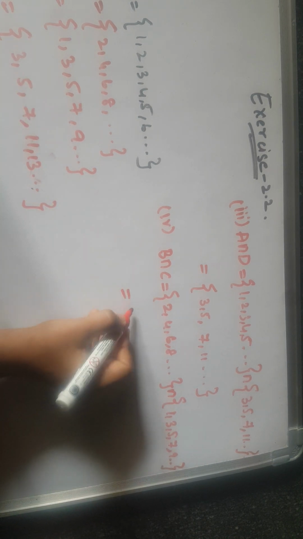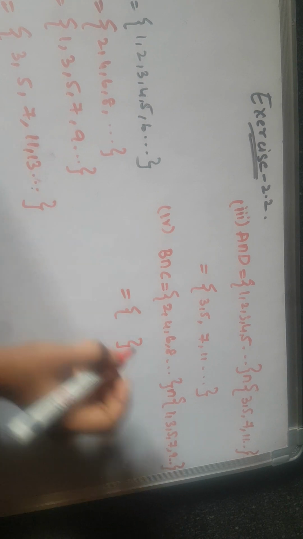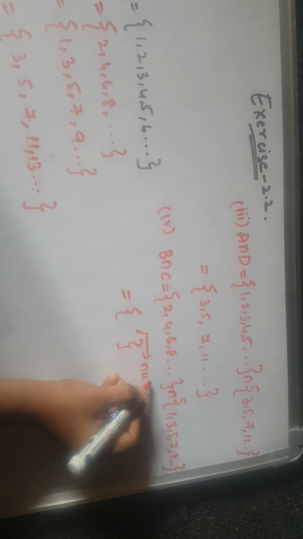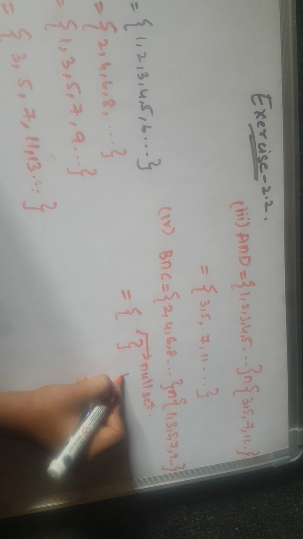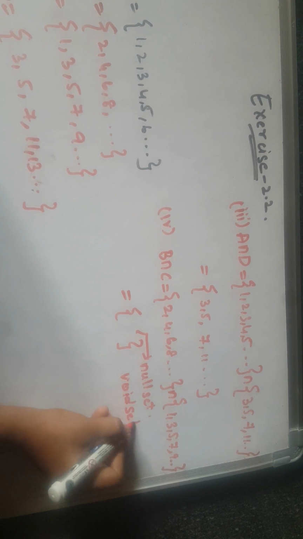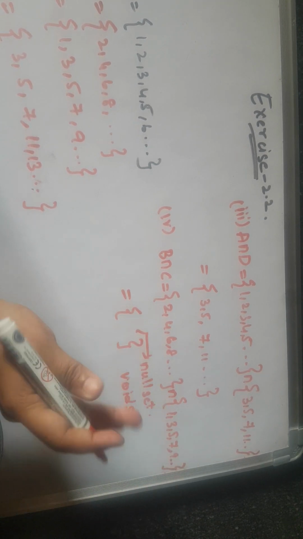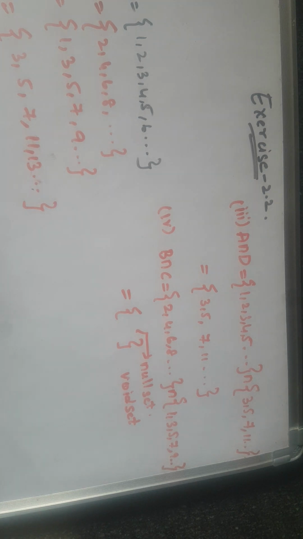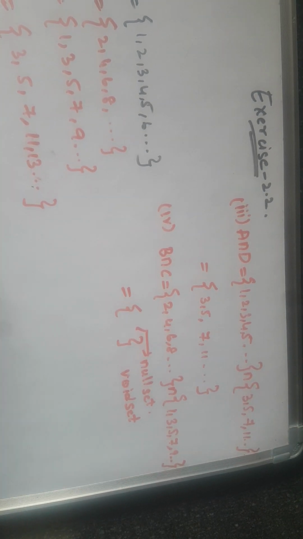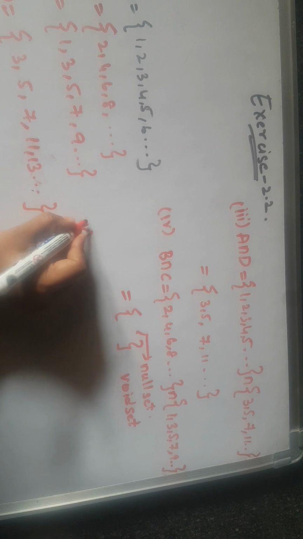So what will be the answer? No elements. This is the null set. Void set means not even a single element is common in both the sets, all the even numbers, all the odd numbers, not even a single element is present.